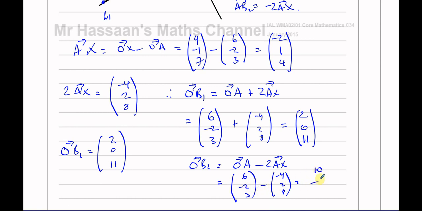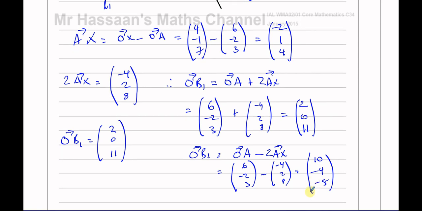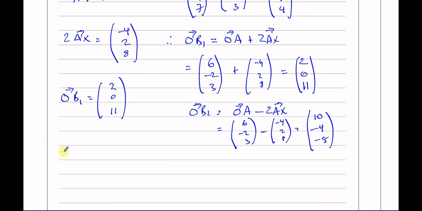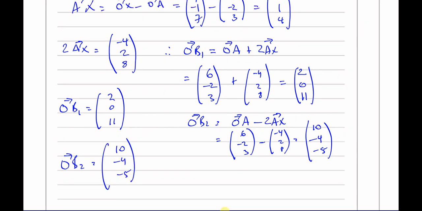Minus 2 minus 2 is minus 4. 3 minus 8 is minus 5. And there's the answer. So that's O to B2. It's going to be 10, negative 4, and negative 5. So OB1 is 2, 0, 11. OB2 is 10, minus 4, minus 5. Those are the position vectors of B.